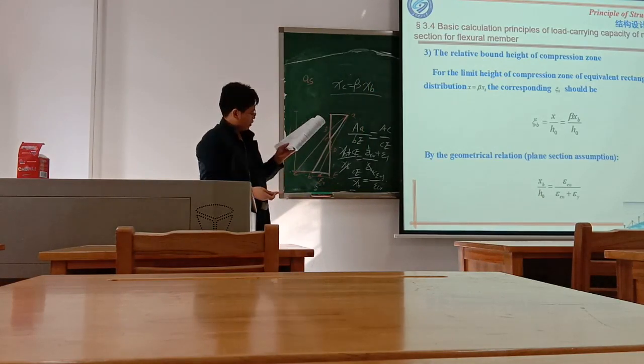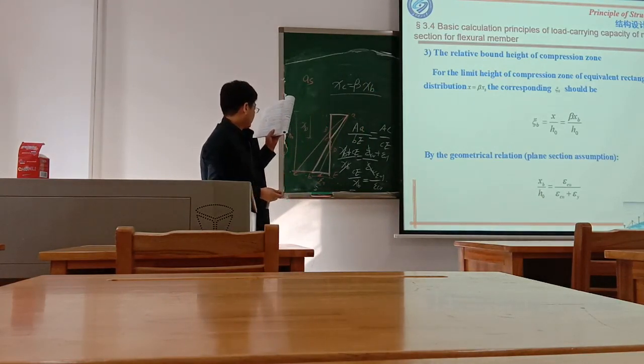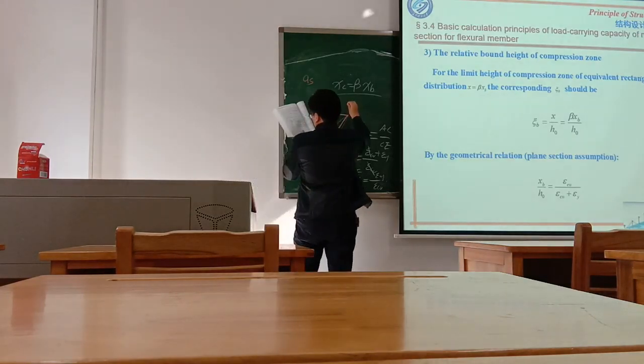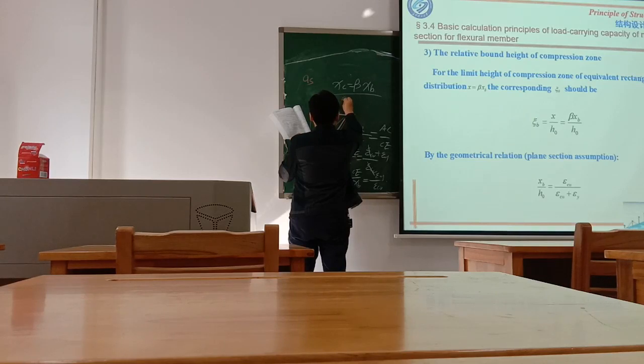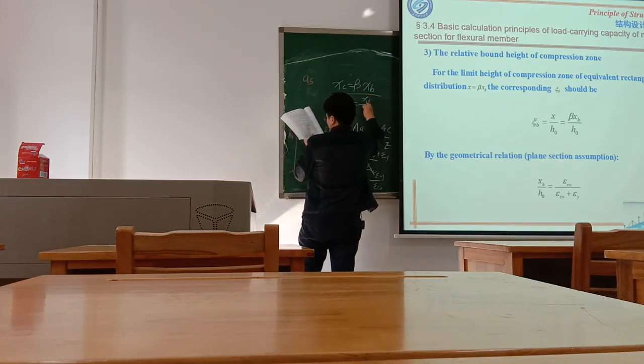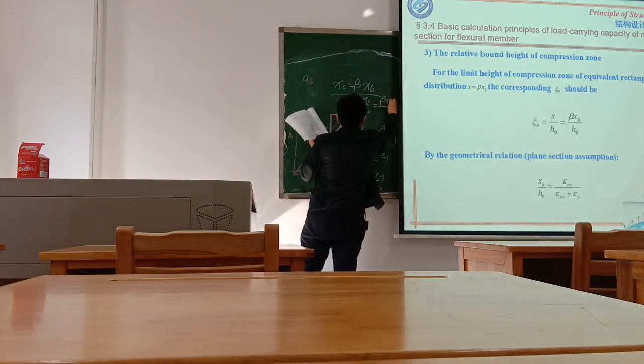In our book, they give this relation. Then they got CB equal to xc divided by h0 equal to beta xb divided by h0.